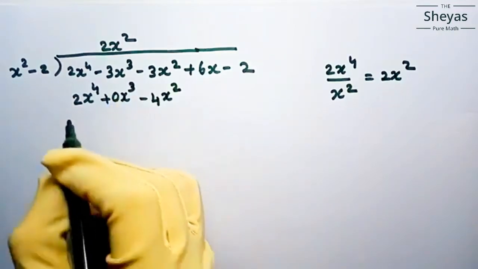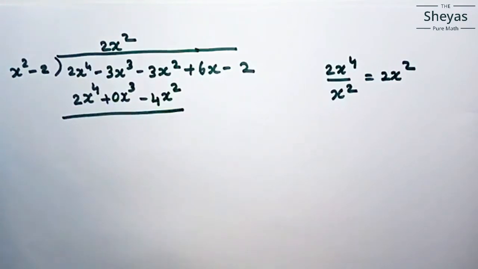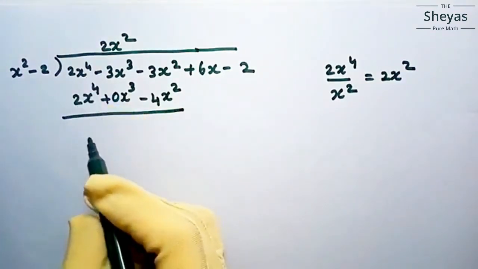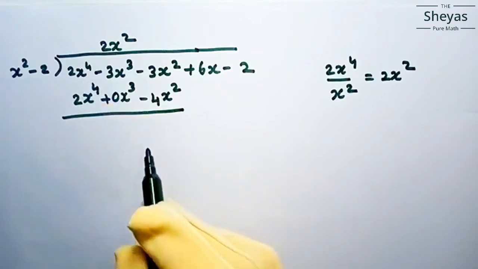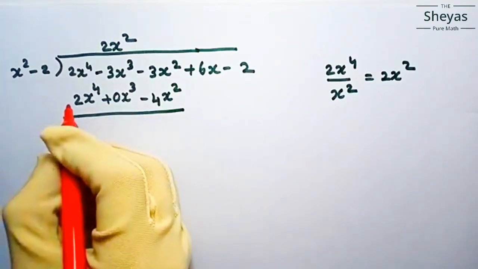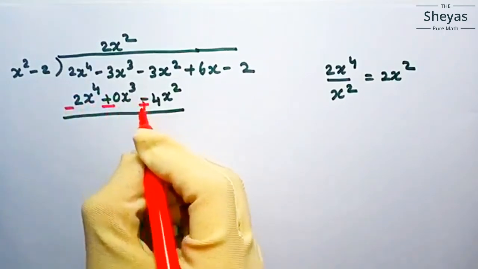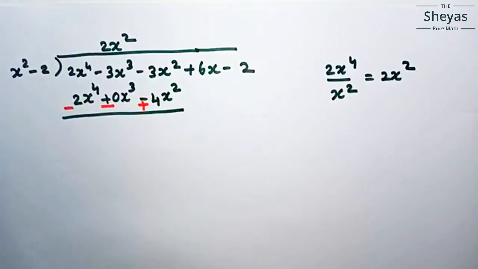Okay. Now what do I have to do? I have to change the sign of the second polynomial to subtract. So if I change the sign, this plus will become minus, and plus will become minus, and minus will become plus. Now I have to do it with the new sign.